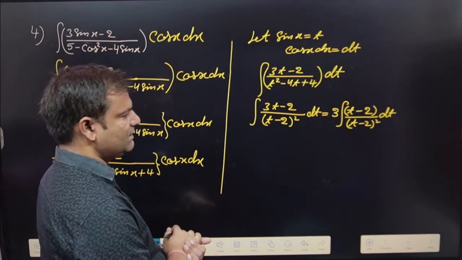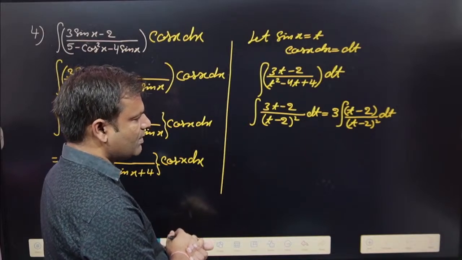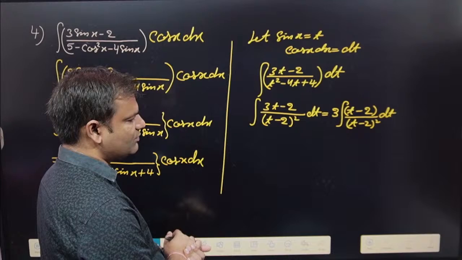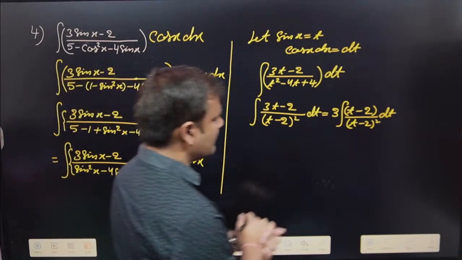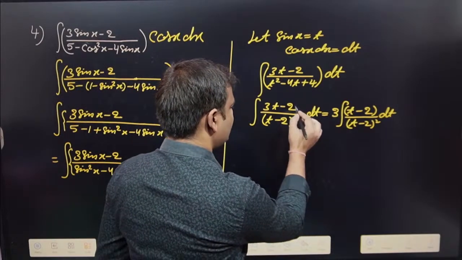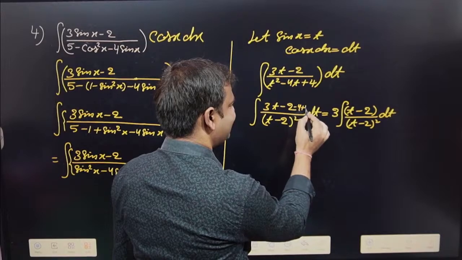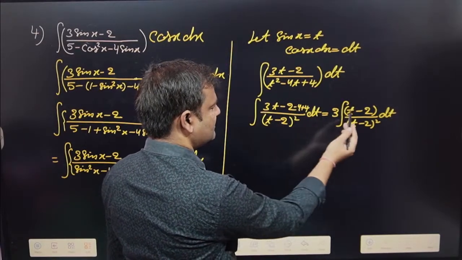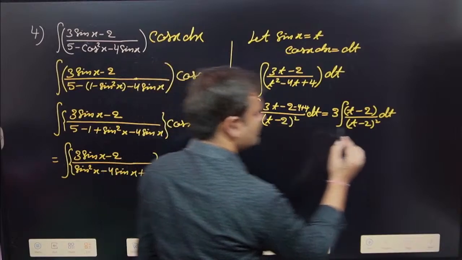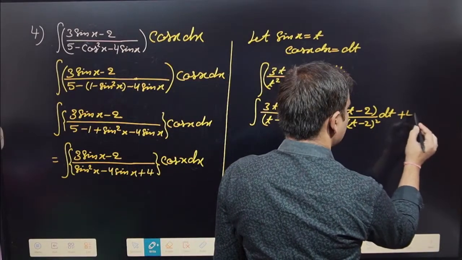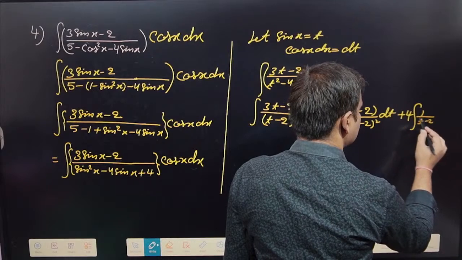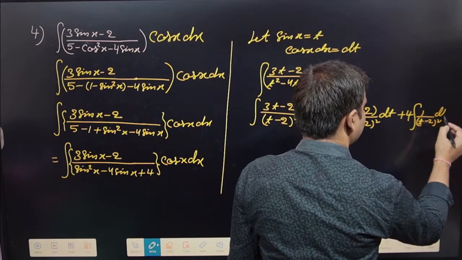Okay, basically, adding minus 4 and subtracting minus 4, that is 6; if 3 is common then t minus 2, and plus 4, integration of t minus 2 to the whole square dt.